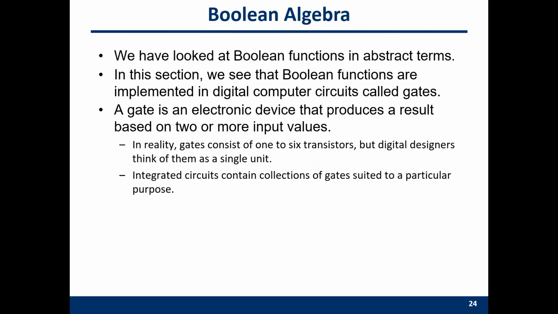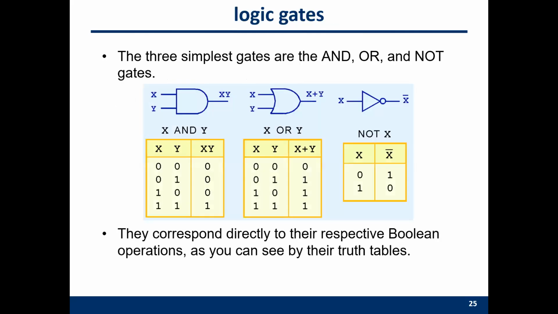But in this lecture, we just consider them as one single unit. One gate is just 1 unit. And one circuit may contain multiple gates in order to implement some function, or some purpose.